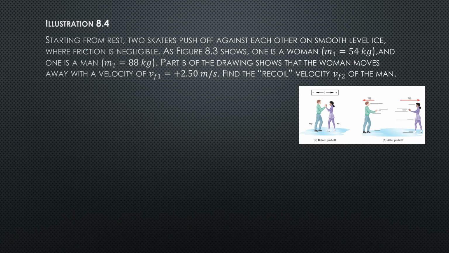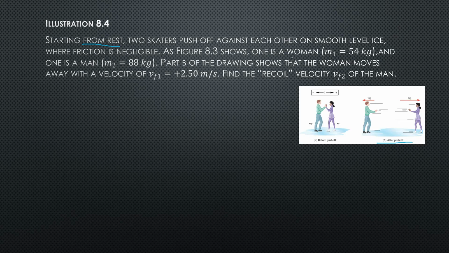Starting from rest, illustration 8.4. Starting from rest, two skaters push off against each other on smooth level ice, where friction is negligible, as shown in figure 8.3. Two skaters before push off are at rest, and after push off, this becomes the illustration.